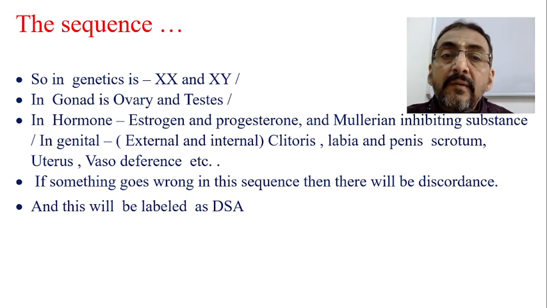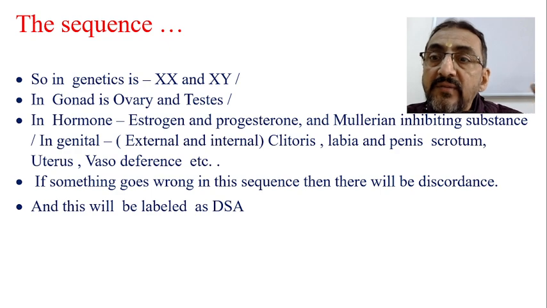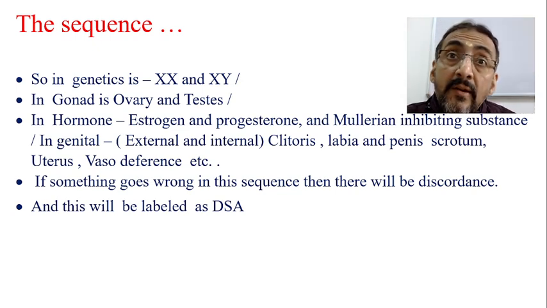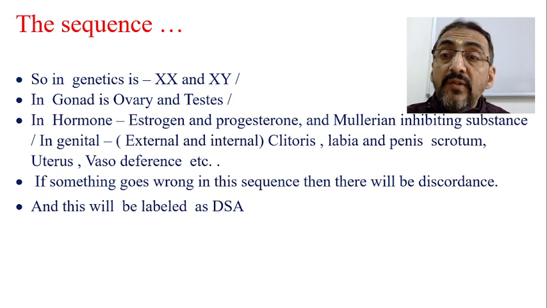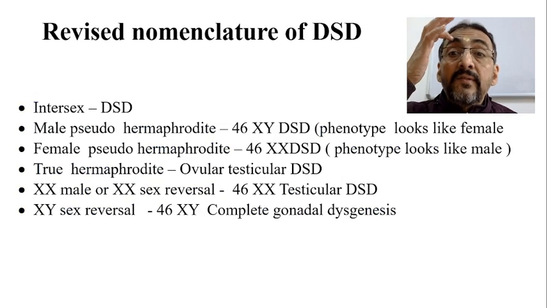Suppose the patient has abnormal external genital organs, you have to start from this point only: whether genetics is okay, whether gonads are okay, whether hormones are produced normally. If the hormones are also produced normally and the problem is still there, then we have to see what is happening. So this is the sequence.